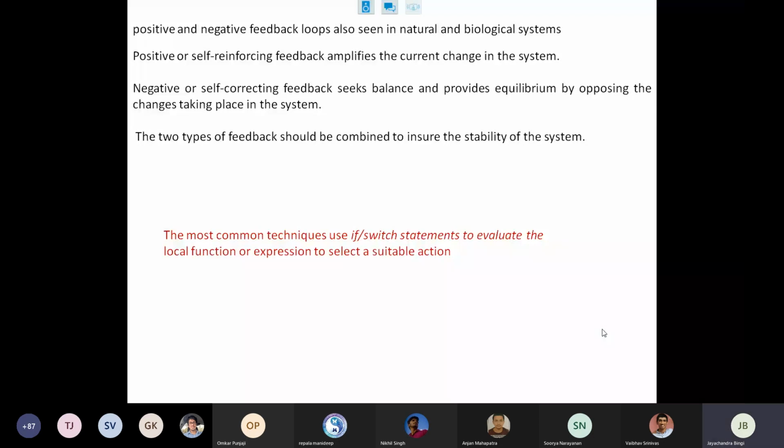Okay. Now, I will tell you one more example. These days, automatic cars came, and in automatic cars, there is a hill assist feature.